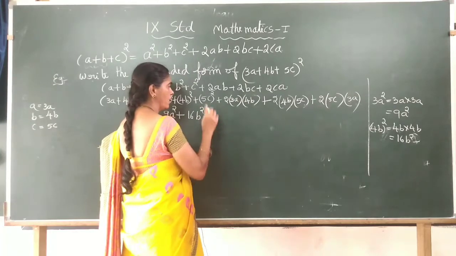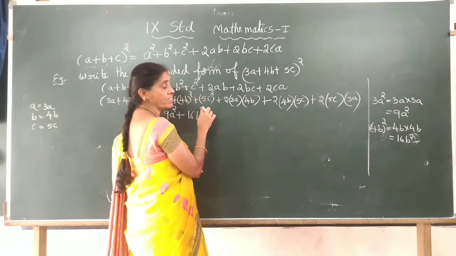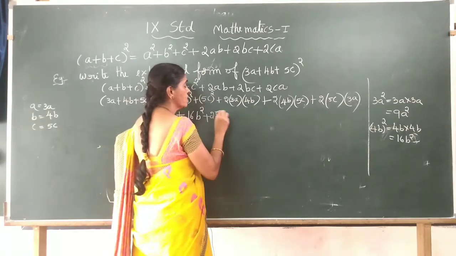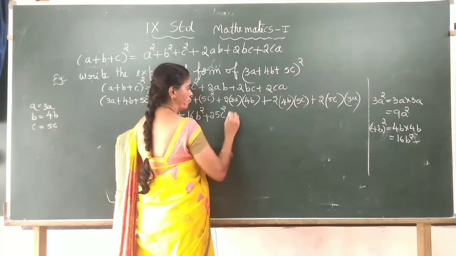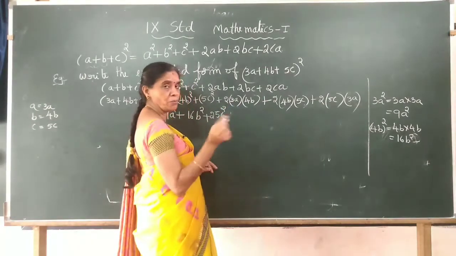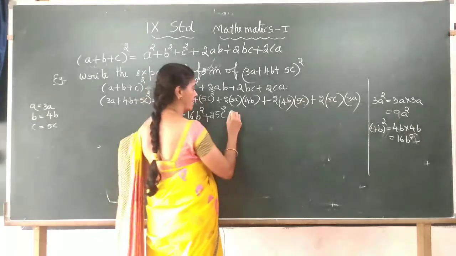In the same manner, 5C into 5C: 5 fives are 25, C into C is C square. Since all are plus signs, there is no problem, just write the plus sign.